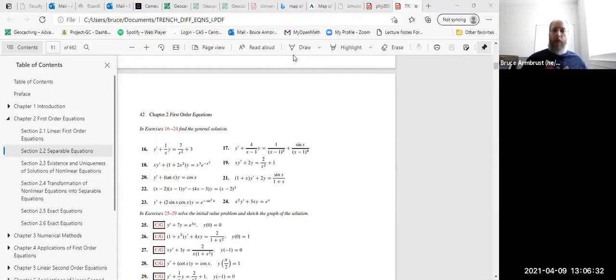All right, so let me pull up a whiteboard and let's walk through this one. All right, so we had xy prime plus 1 plus 2x squared y equals x cubed e to the minus x squared. So we'll divide by x.